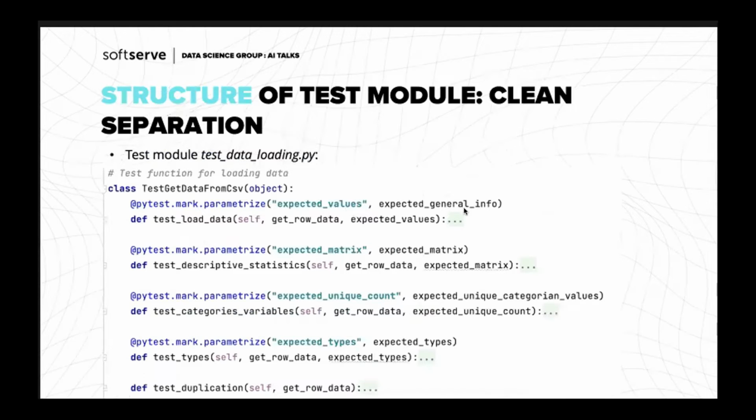A test class is another way to organize a test module. In this representation, it's just a simple container for tests of specific functions. For example, get data from CSV, and inside of this class we can see a list of tests which help us to cover our main function, get data from CSV.